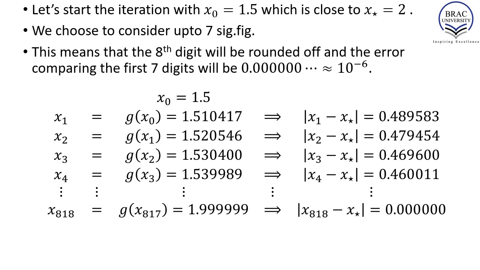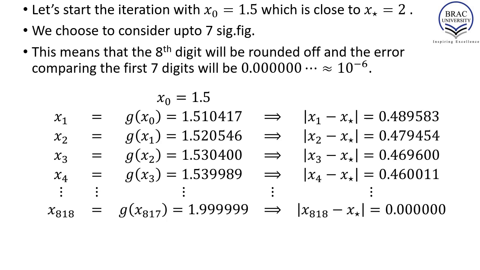We start from x0 equal to 1.5 here, and then compute x1, that is your g of x. By definition, g of x0 is x1, and that is your error. And then compute x2, so you can very easily follow the iteration process. It is very familiar to all of you. So x1, x2, x3, x4, we continue computation, and you can see the errors are decreasing but very slowly.